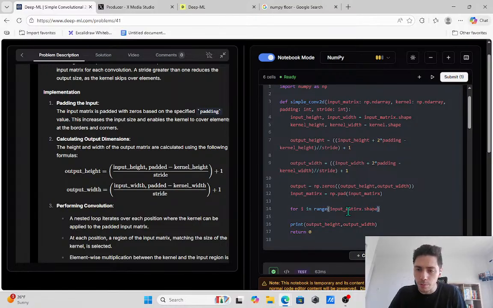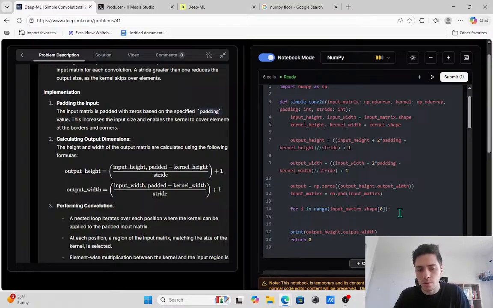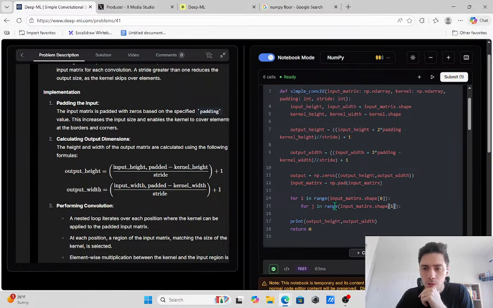Should have done it the other way. I'm going to have to do this, shape 0. Okay, so this, and for j in this. Okay, so through those things, so we get each value.